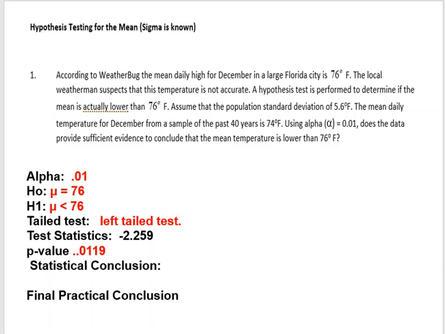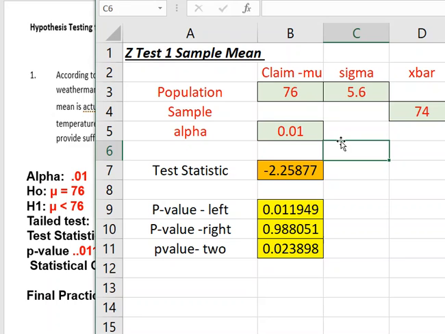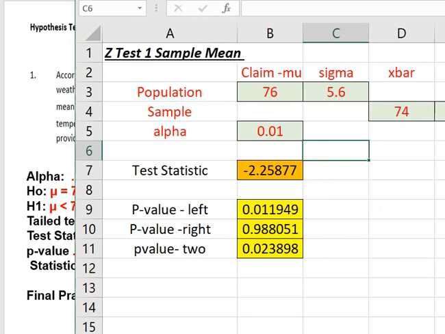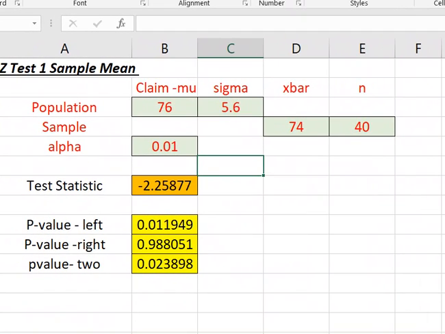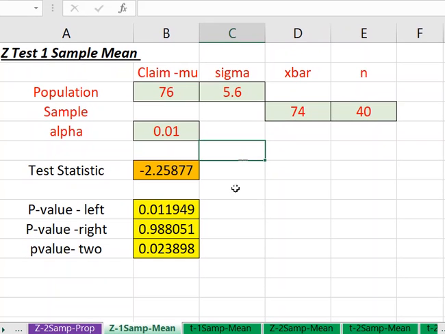If I go into my Excel spreadsheet, I'm going to look at the Z1 sample mean tab, and I'm going to put the numbers in.